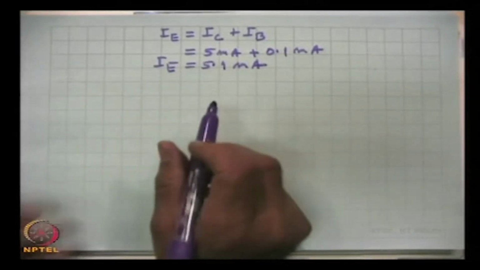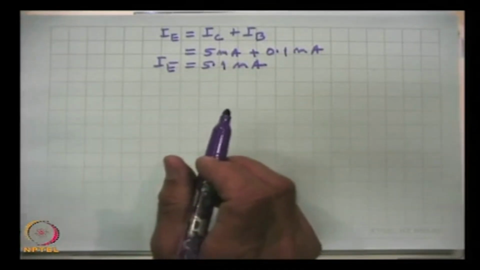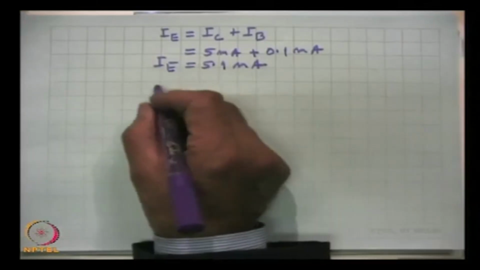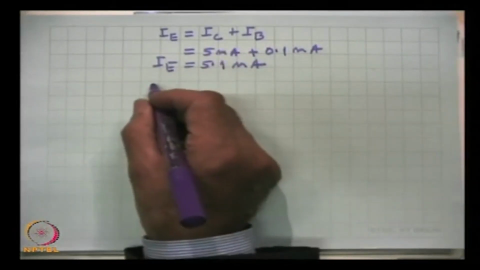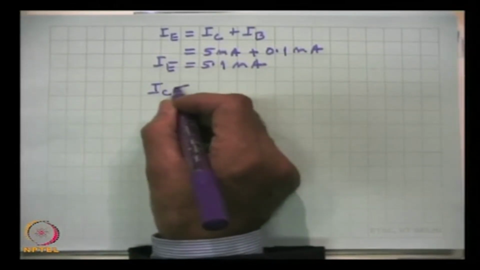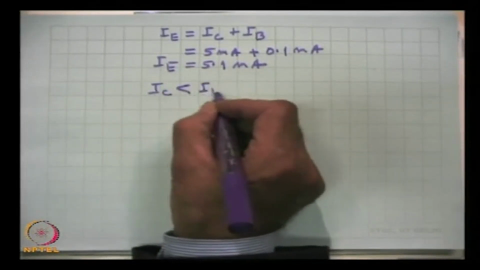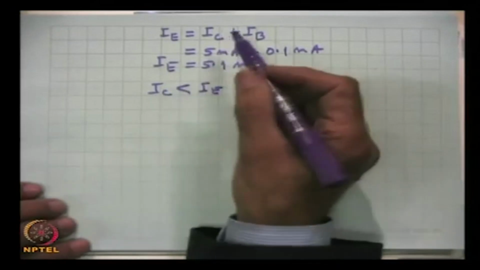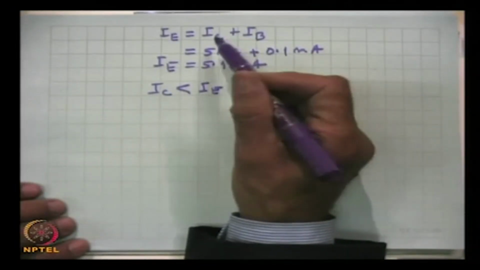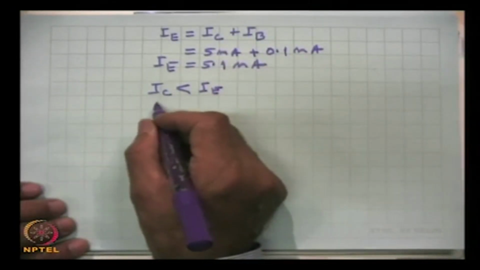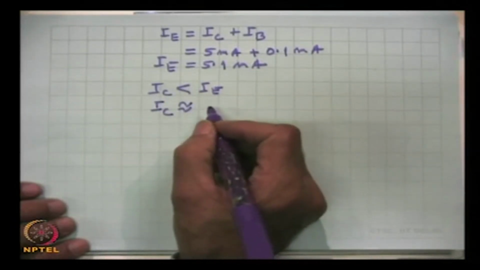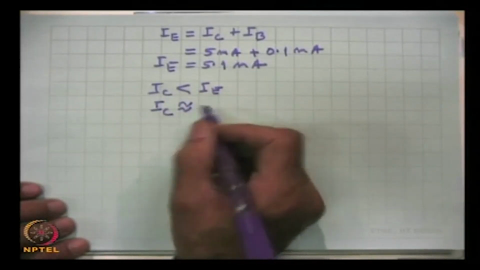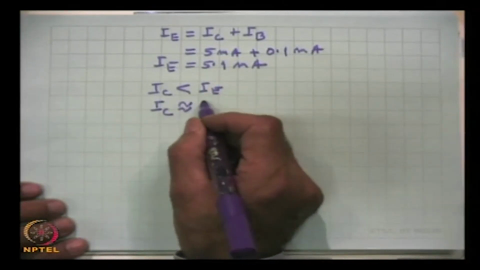This further shows that I C was 5 milliampere. So, I C is always less than I E, but they are very close. This is 5.1, this is 5. So, our assumption, which we will very frequently use in the analysis of these circuits, is valid.